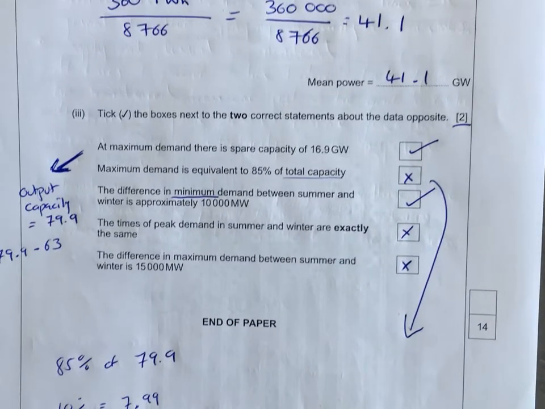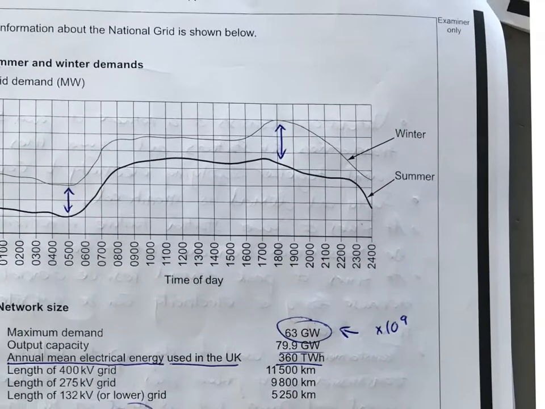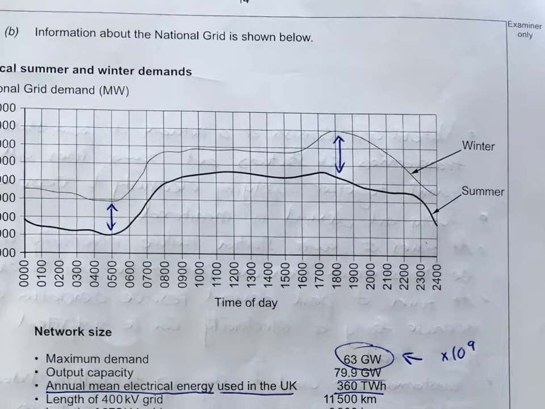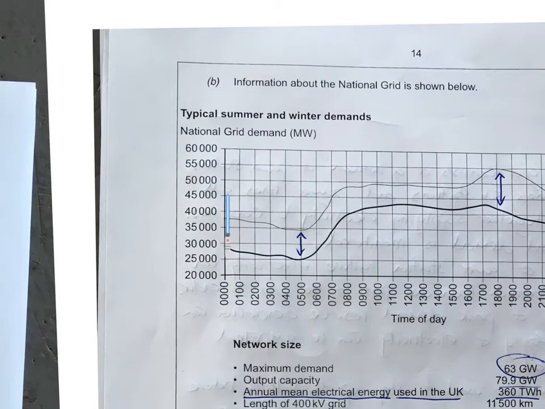And then the difference in maximum demand between summer and winter is 15,000. Let's have a look. So 15,000, and it doesn't quite get there, does it? Because that is not even 3 boxes, and each box is worth around 5,000 here. So again, that is incorrect.